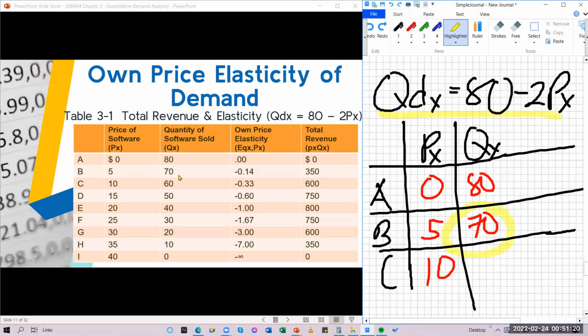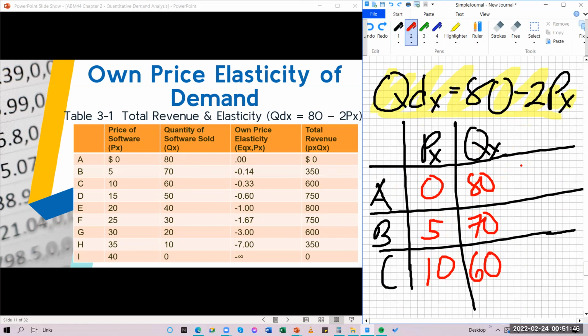Yes, this is correct. As I said, since this is a demand equation, you just change the price because the rest is given. Negative 2 times 10 is negative 20, less 80, we will have 60. I hope you can follow.